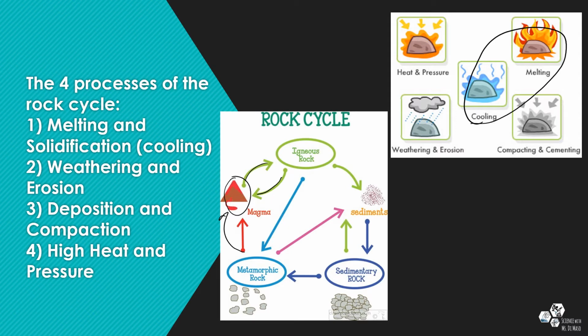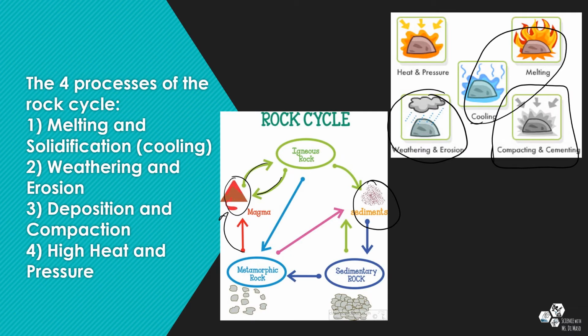Then any of these three types of rocks can be weathered and eroded, and we're going to talk about those processes more in the next unit. But right now, just know they're natural processes of breaking down the rock. Remember, they can all be eroded and turn into sediments. And these sediments will be compacted, deposited, and cemented to form our sedimentary rock.